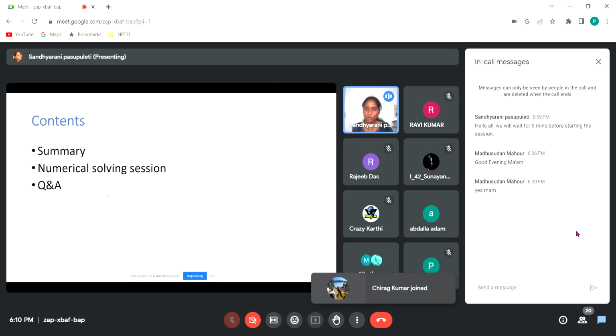Next is a numerical solving session. You might have been given some assignments to submit. In addition to the assignments, if there are any other numericals that we can solve, we will. If you consider this first week, you might not have many numericals to solve, and there will be some sessions like binder related contents where there also might not be many numericals, but wherever numericals are involved, we will be solving them, and these numericals will be apart from your assignment questions.